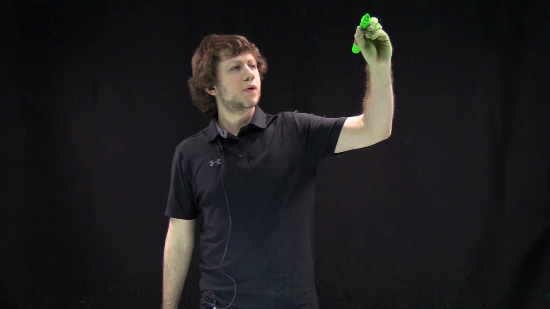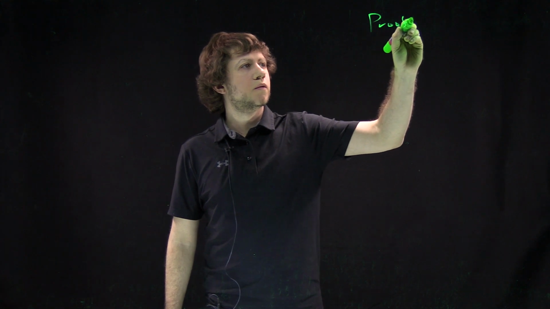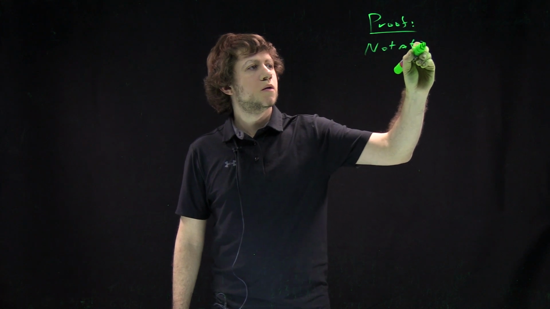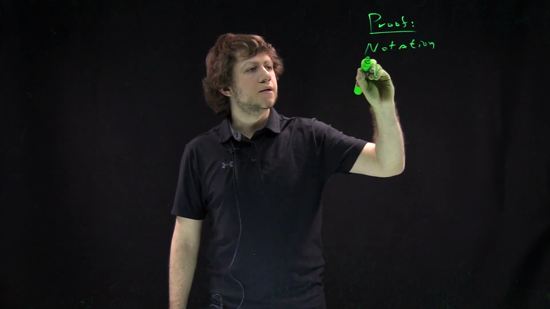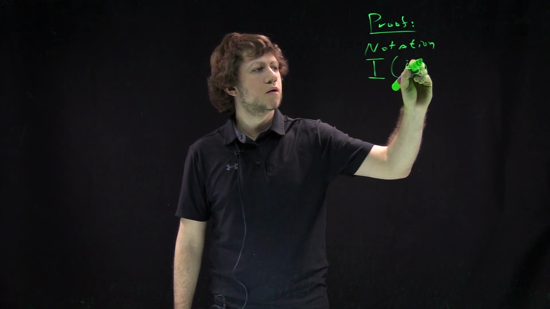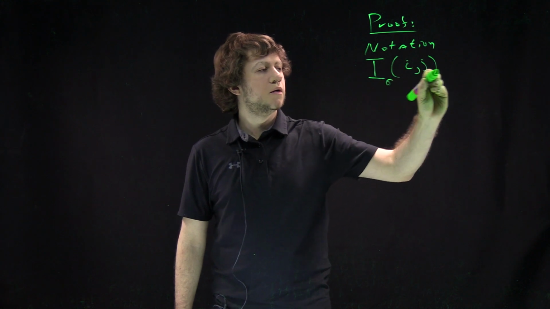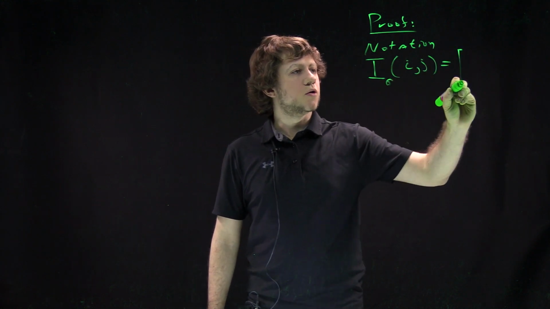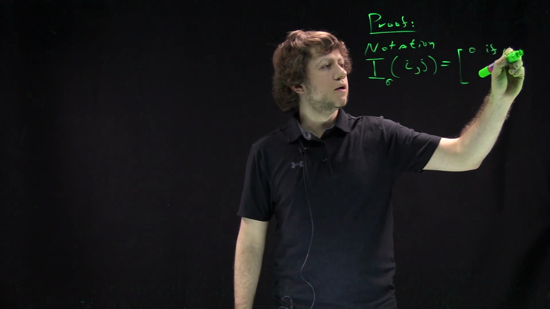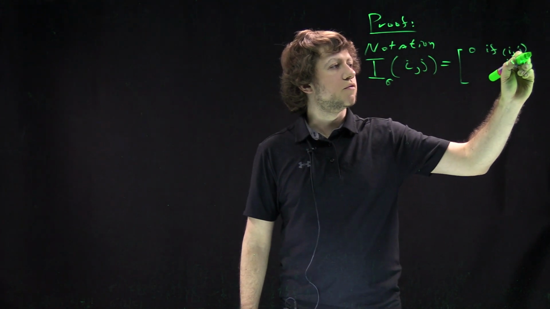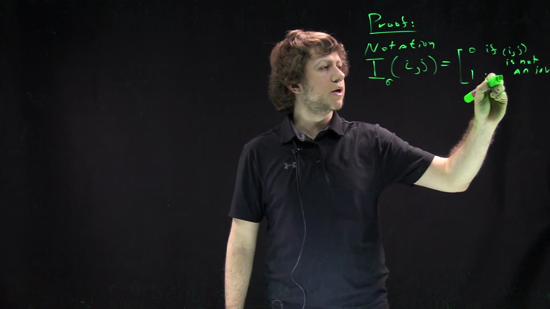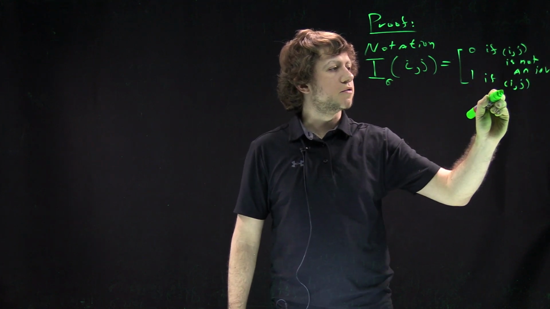Proof. So I need some notation. Let me denote by I of i and j of sigma a number which is 0 if pair ij is not an inversion, and 1 if pair ij is an inversion.